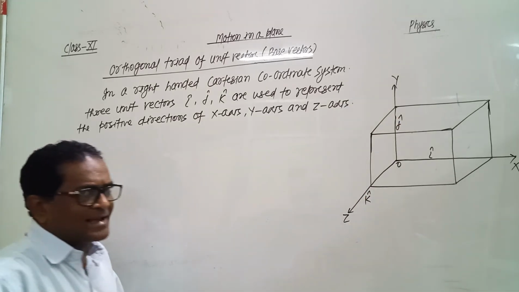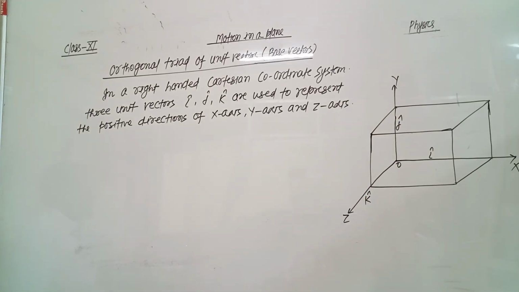Means positive x-axis is represented by i cap, positive y-axis is represented by j cap, and positive z-axis is represented by k cap in a right-handed Cartesian coordinate system.